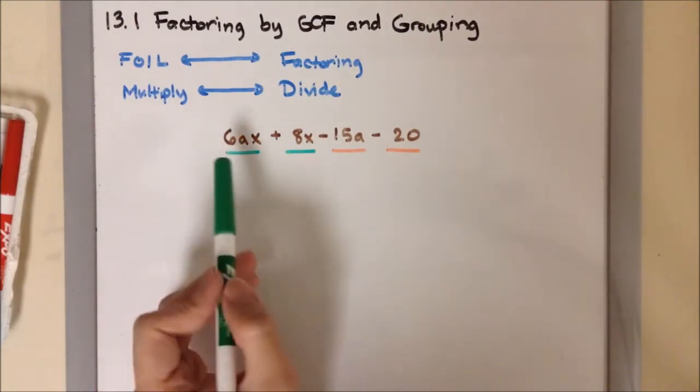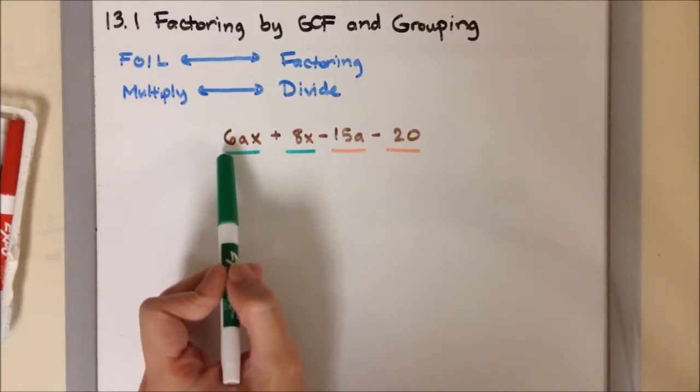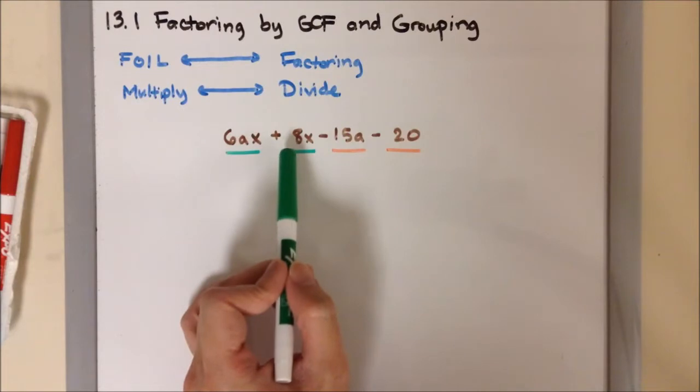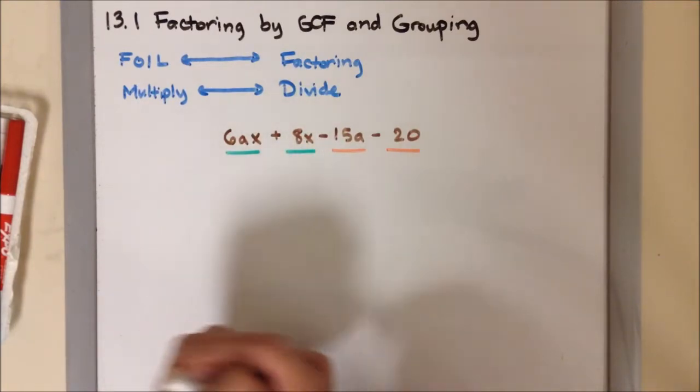So take a look at the 2 terms on the left. We have 6ax and 8x.